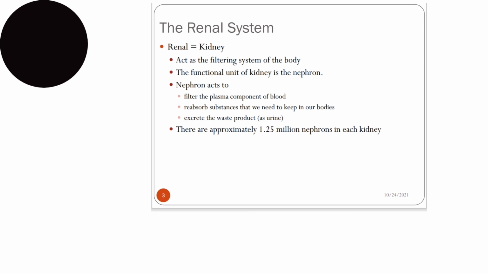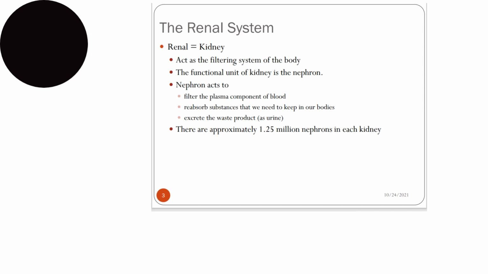So the kidney in our body functions as a filter. The kidney will filter our blood, deciding whether to remove or retain certain components in our body. For example, our kidney also controls the volume of water in our body.